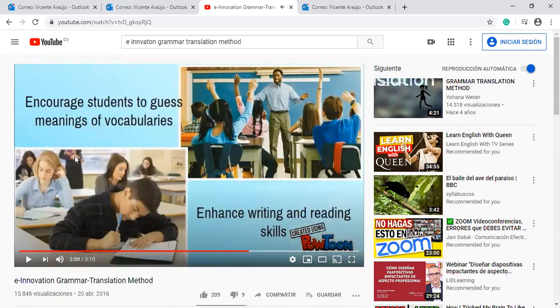Encourage students to guess the meaning of vocabulary, to guess, to discover. Enhance, increase writing and reading skills.